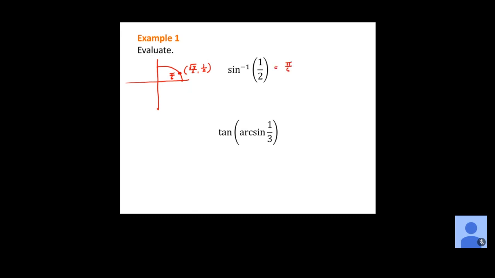In this case, even though there's another value in the second quadrant that would give us positive 1/2, when we're dealing with inverse trig functions, the range here for our inverse sine is only going to be between negative pi/2 and positive pi/2. So that's the only value that we need to get here is just pi/6. Any questions on getting that value now?